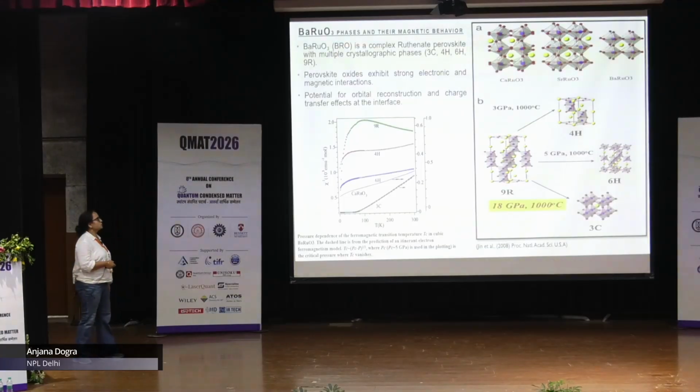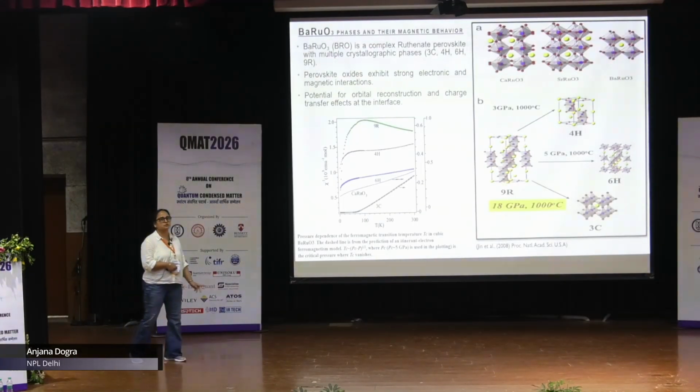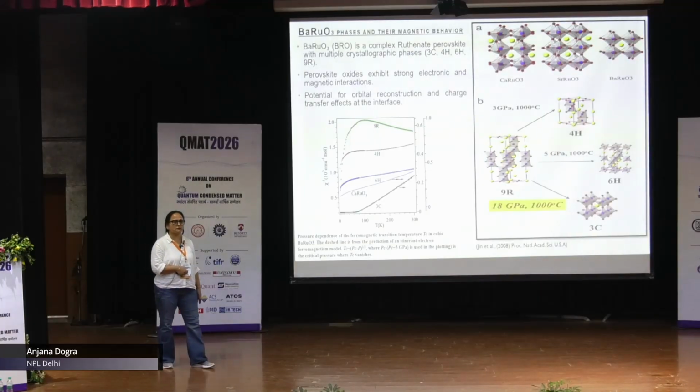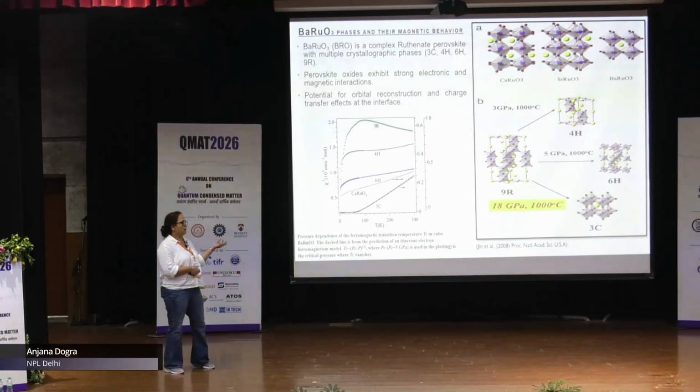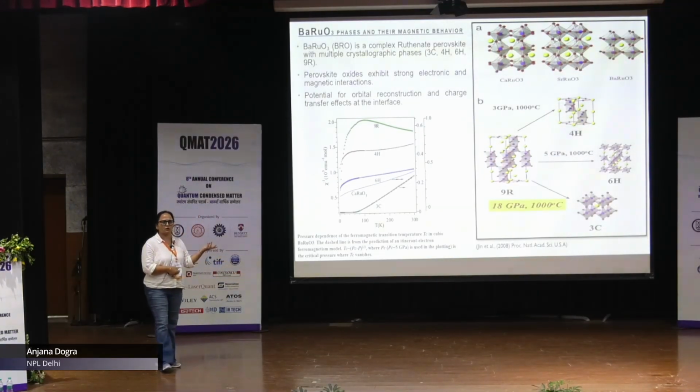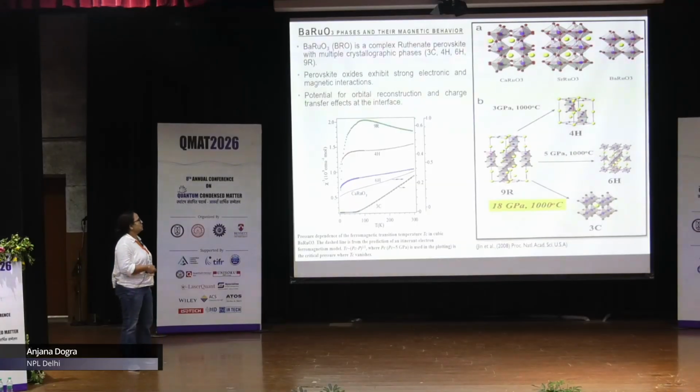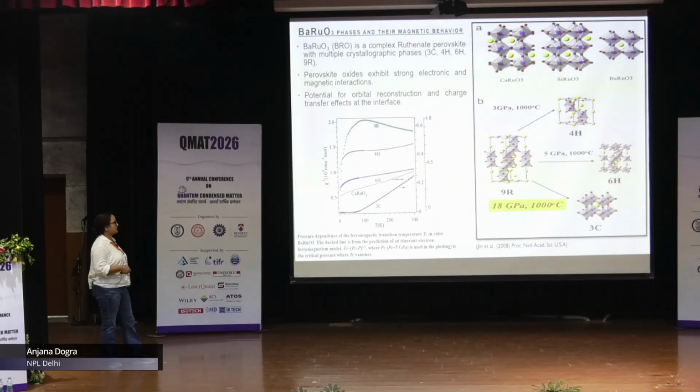Coming to the BaRuO3 structure, there are several phases of BaRuO3, in bulk form as well as in thin films. It has 9R, 4H, 6H and 3C.